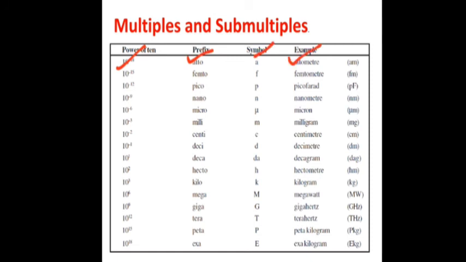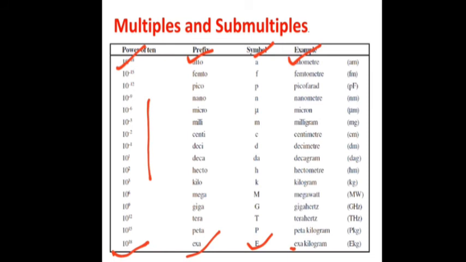For 10 raised to plus 18, you can see plus 18. We see that exa is given, capital E we symbolize, and an example is given. Like that there are so many like this over here. The power form, then the prefix is given, the symbol is given, the example is given.